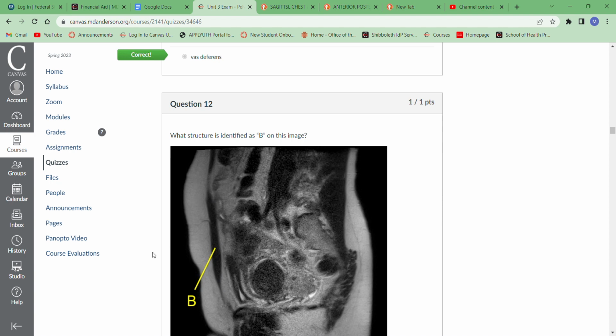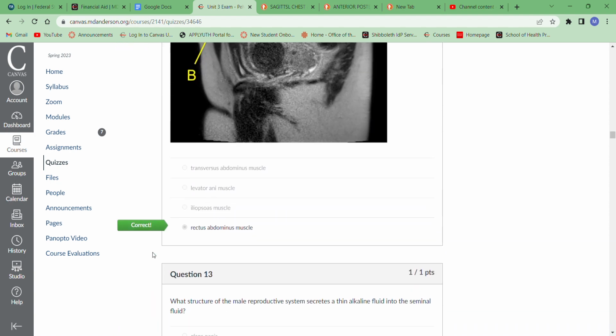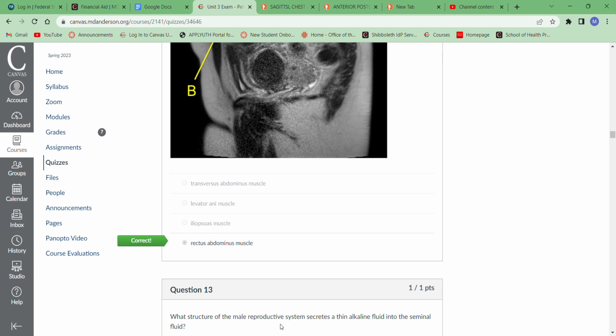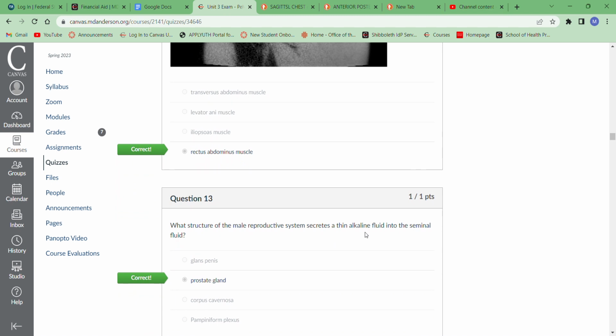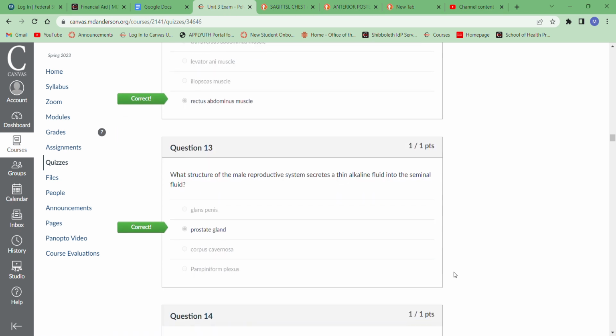So rectus abdominis? Yes. What structure of the male reproductive system secretes a thin alkaline fluid into the seminal fluid? The prostate gland. Okay, so I know that glands tend to secrete things, so maybe that's the only reason I guessed that, because I'm not very strong on male reproductive anatomy.